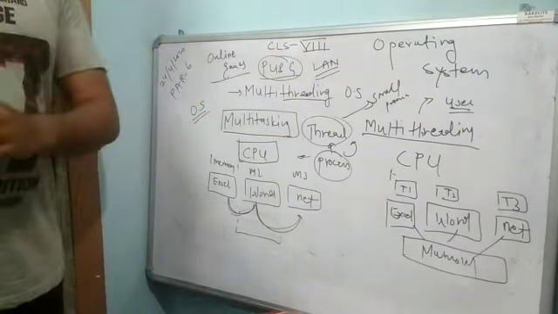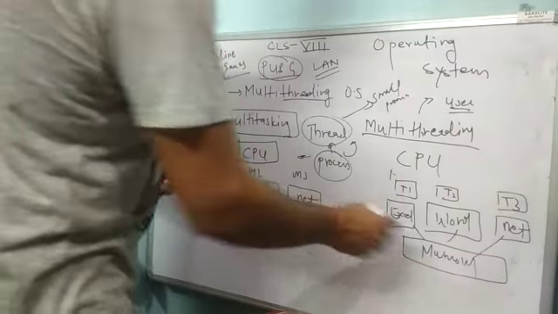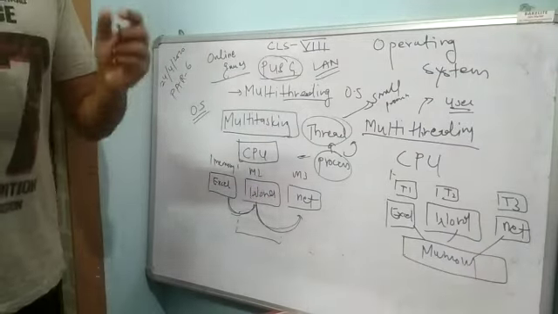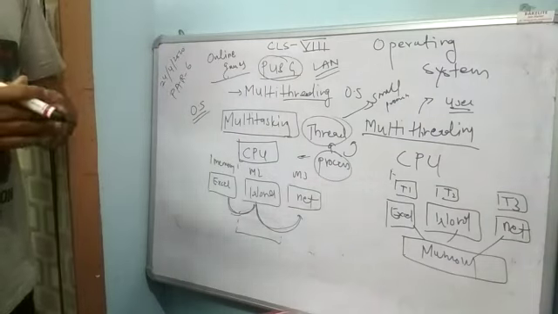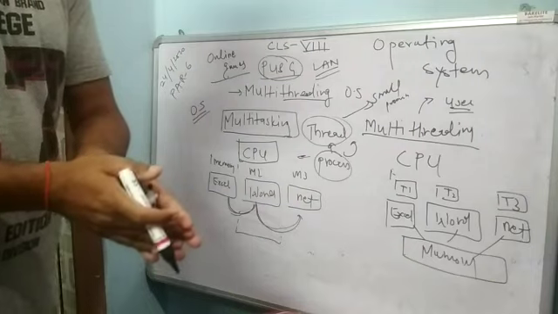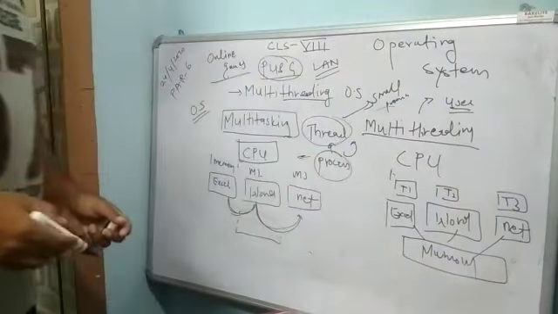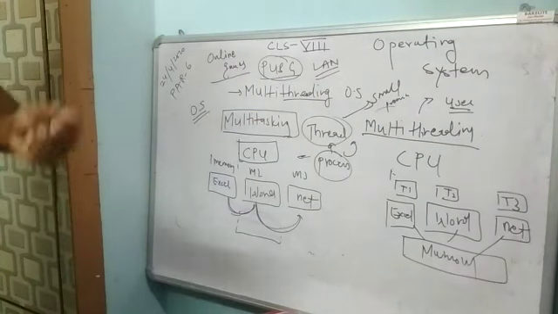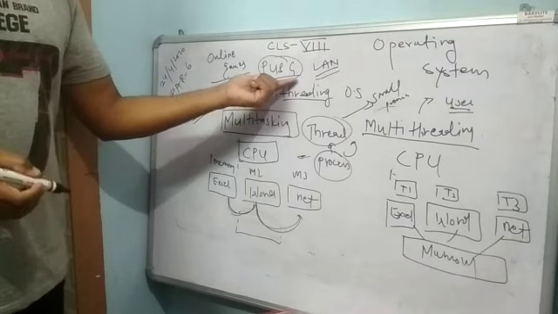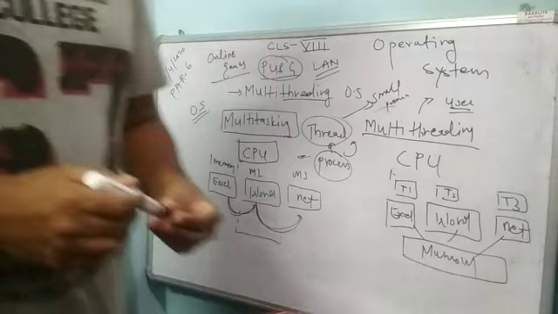Your friend circle plays at the same time because you are not using different memory slots. You are working with common memory, sharing common resources. So this is a multi-threading operating system. I hope you have understood, now that I have introduced the PUBG game.